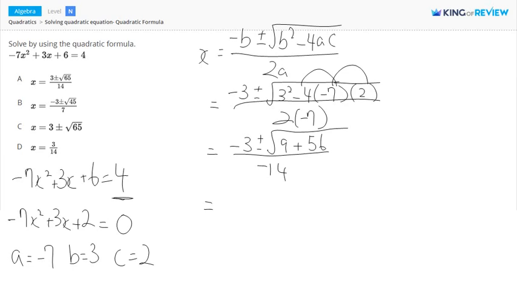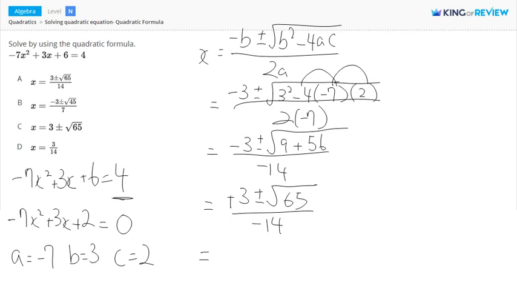So that equals -3 plus or minus the square root of 65 over -14. And you can actually simplify this a little bit. I'm going to take away this negative, so I'm going to divide everything by negative.